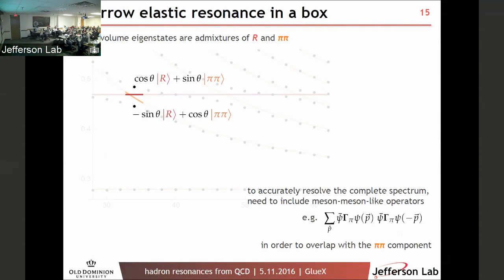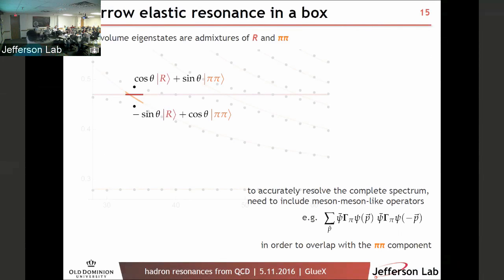And what you observe is that as you add more and more operators, eventually the spectrum doesn't change. So you just quit, right? There's no need to do any more. In terms of what meson-meson-like operators you include, it's essentially kinematics that tells you that. You only need to include those things which are close to being kinematically open.